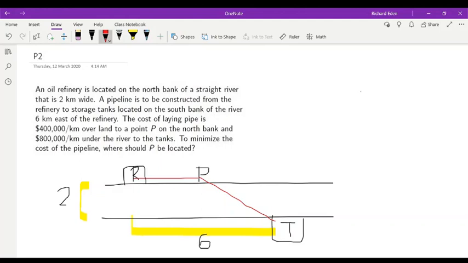So from the figure, the entire setup depends on the location of point P. So let that variable distance be x.